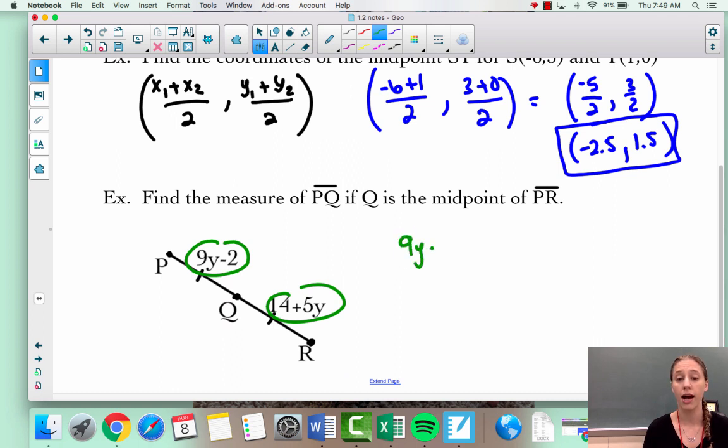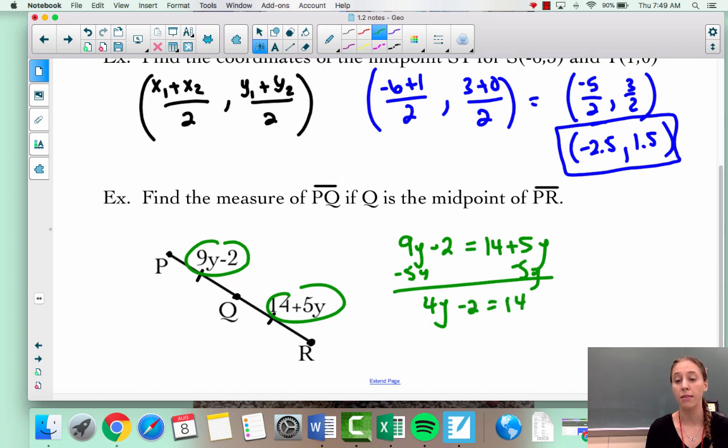So I'd have 9y minus 2 is going to be the same length or equal to 14 plus 5y. And now it's just a matter of solving. So I could subtract 5y over, and that gets us 4y minus 2 equals 14. Add 2 over, we get 4y equals 16. And then divide by 4, we get y is 4. Now remember, they didn't care about y.